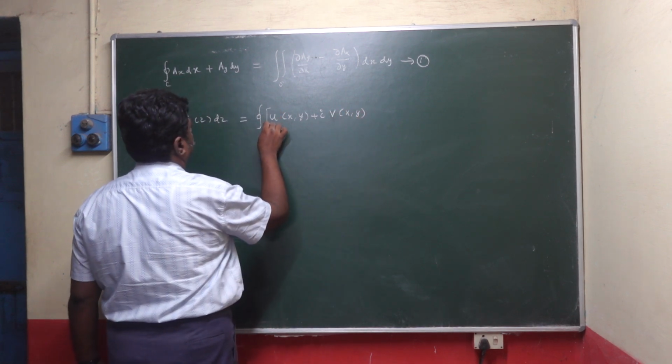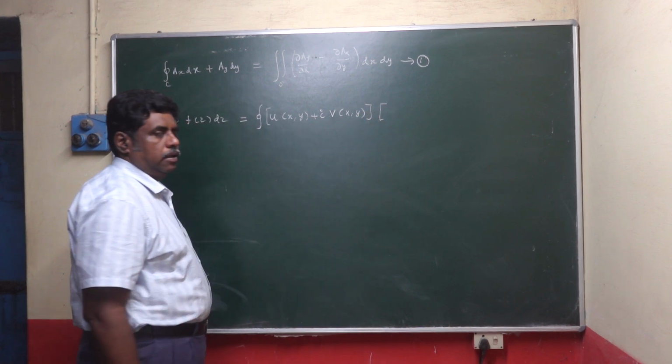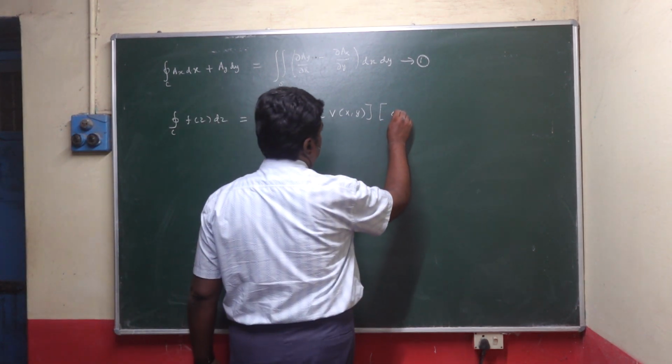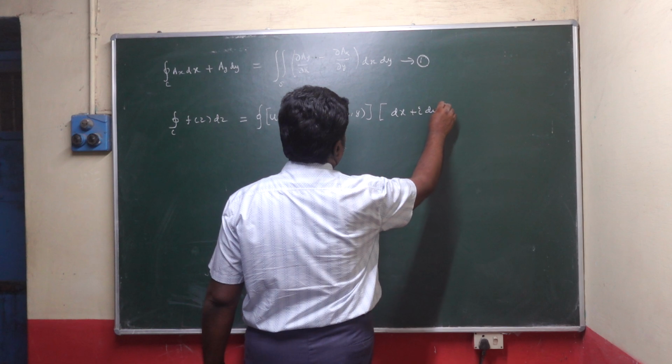This is f of z. Then z equal to x plus iy, dz equal to dx plus i dy.